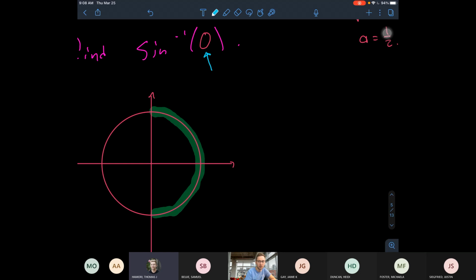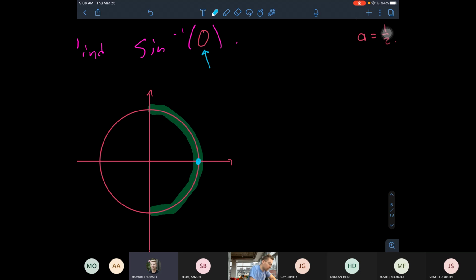Can anyone tell me where it should be? Yeah, it should be at 1, 0, right? So that's our point. Okay, this is the point 1, 0, and its y value is 0. So that's the 0 which we see here inside of our argument.